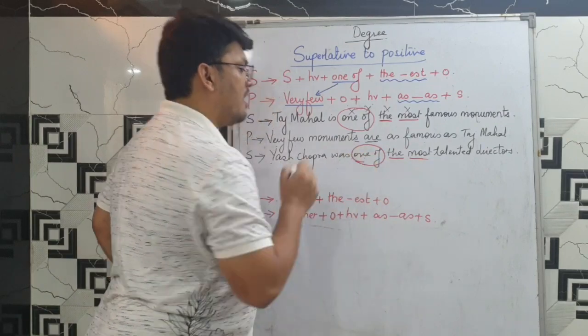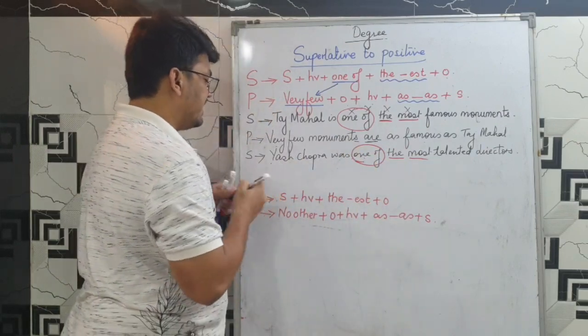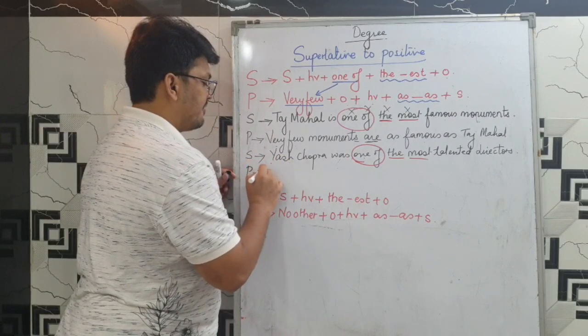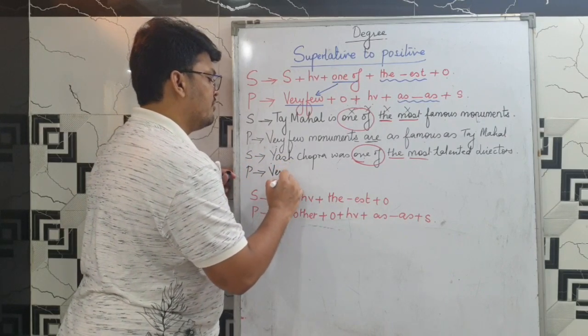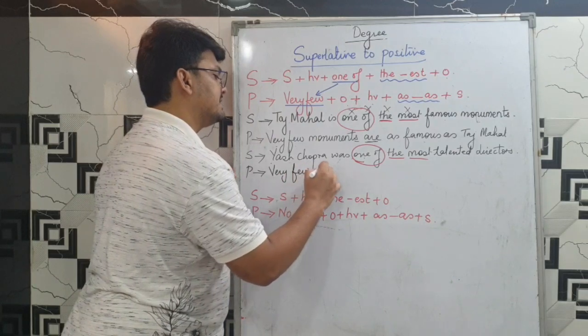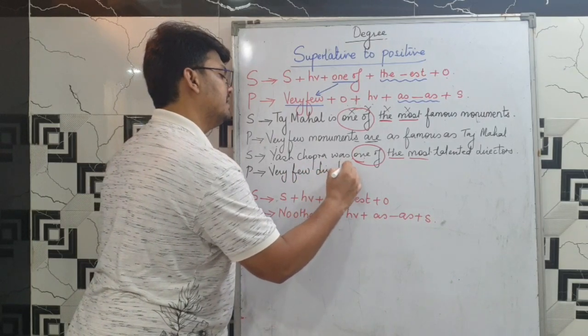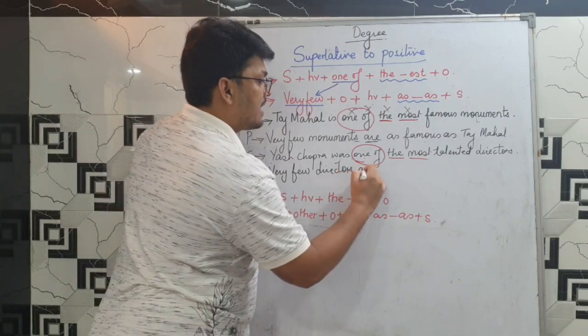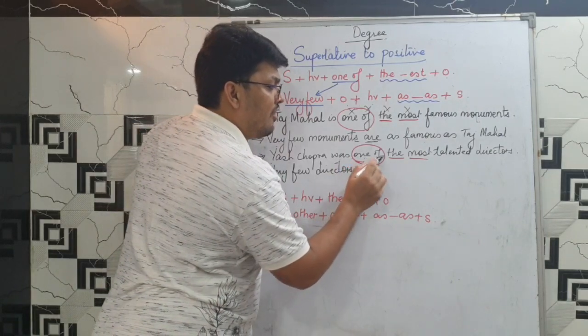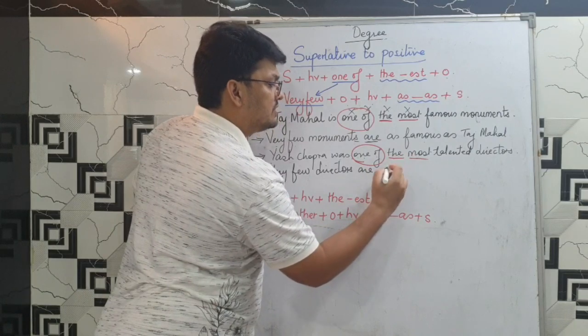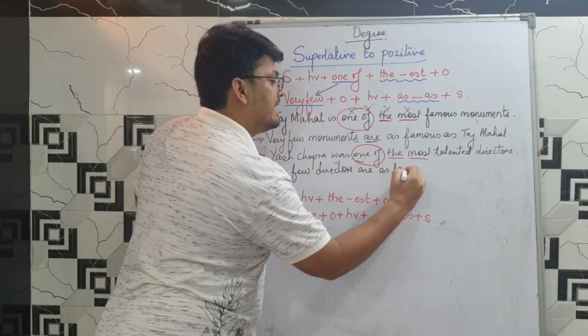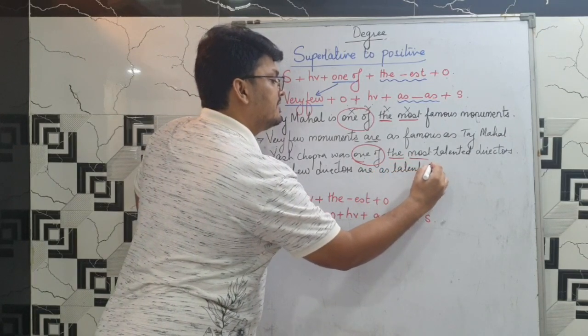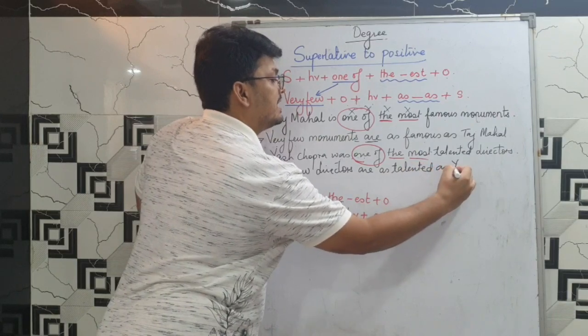So when you see one of, start positive degree with very few. So very few directors are. Remove one, remove of, remove the, remove most. Very few directors are as talented as Yash Chopra.